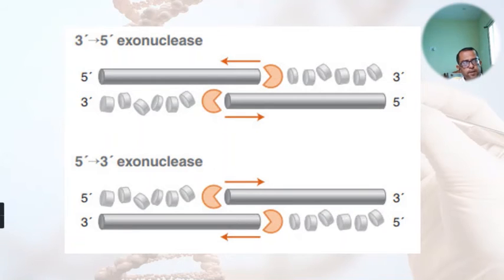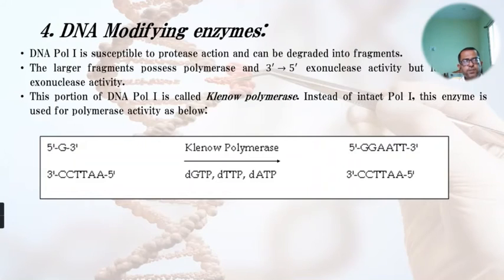Now this DNA polymerase first enzyme is sensitive to digestion by the protease enzyme. It can be easily degraded by the protease enzyme. When it is degraded by the protease enzyme, it produces a large fragment which carries the polymerase and 3' to 5' exonuclease activity.